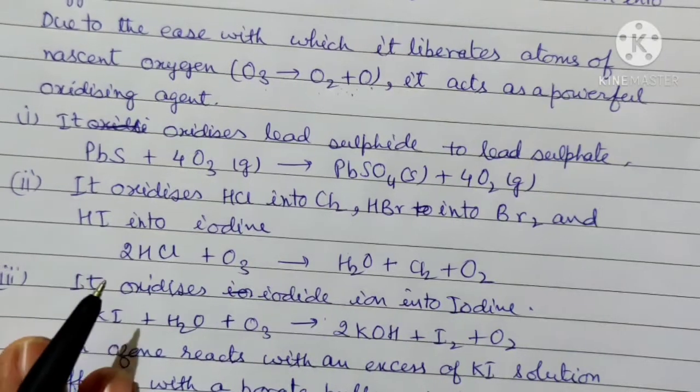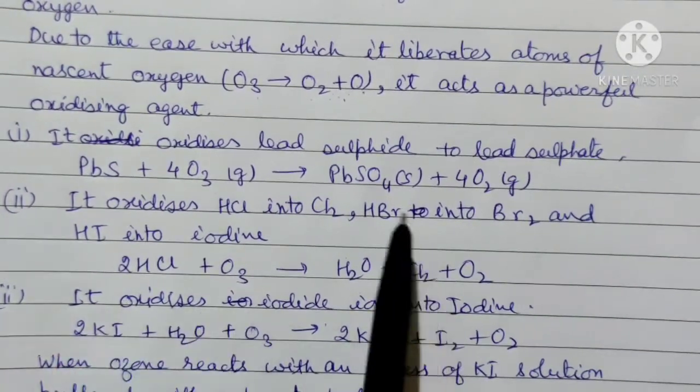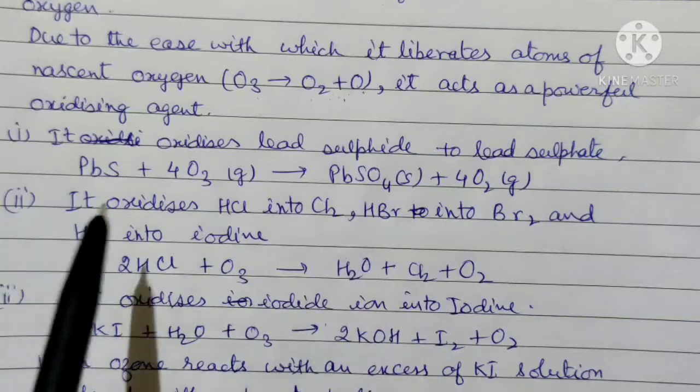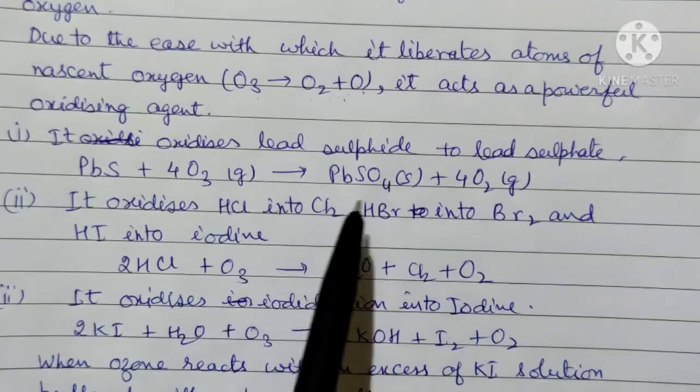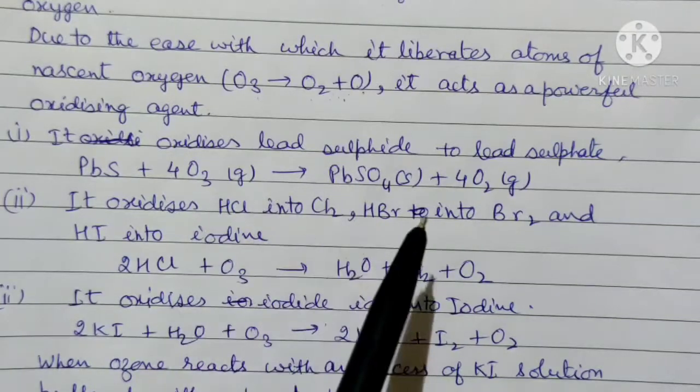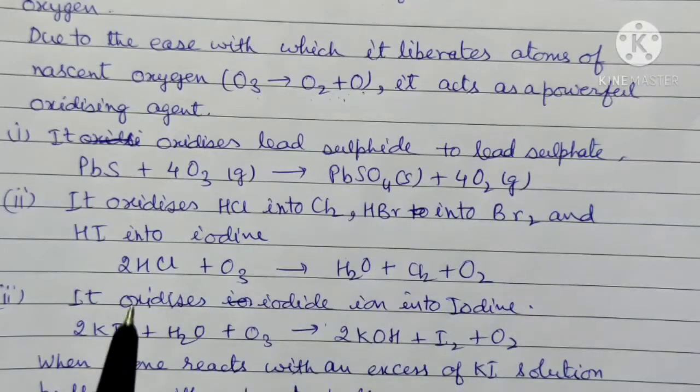So the lead sulfide is converted into lead sulfate. I am repeating, lead sulfide is black in color. When we pass ozone over it, it is converted into a white compound, that is lead sulfate.